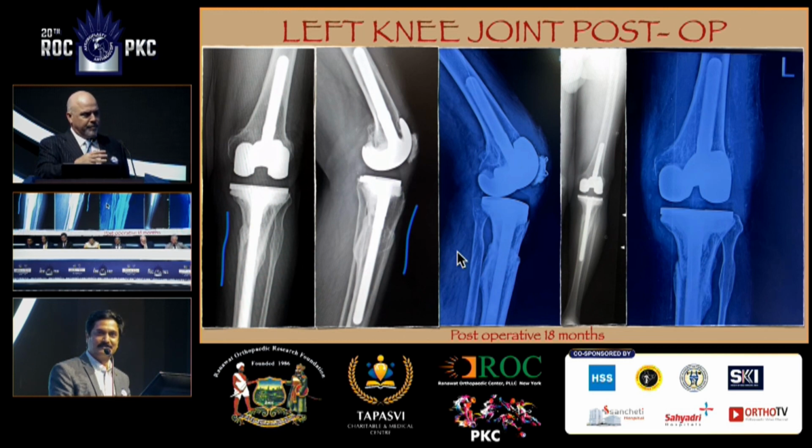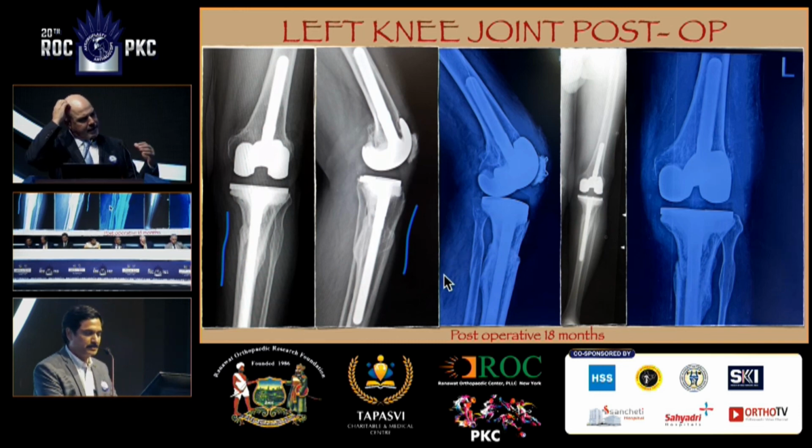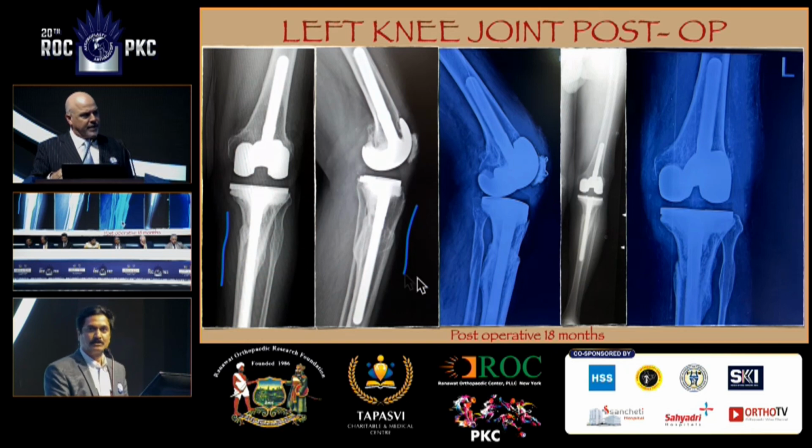You didn't plate it or do anything preliminarily to stabilize that fracture on the tibia? Sorry? You didn't do anything to the tibial fracture to stabilize it before you tried to put the stem down? No. Okay. These are 18 months old post-op x-rays. They show the fracture healed well. All right, any comments from the panel?